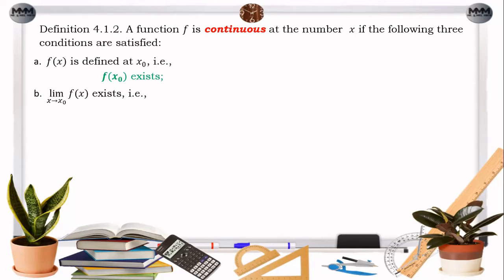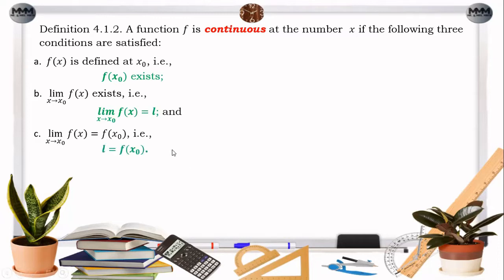Next, the limit of f of x exists. That is, we will show that the limit of f of x as x approaches x sub 0 is equal to L. So this is the limit L. And the third is the limit of f of x as x approaches x sub 0 is equal to f of x sub 0.